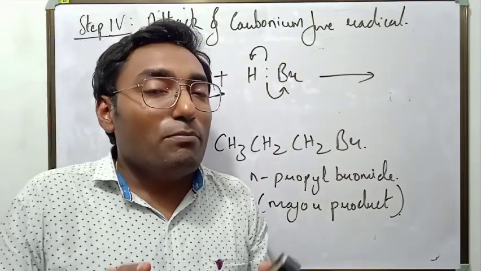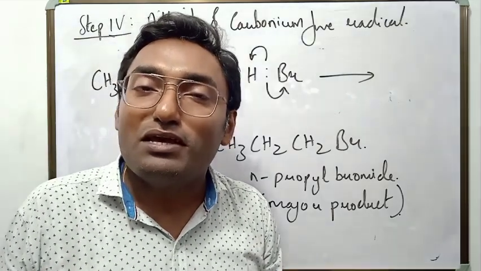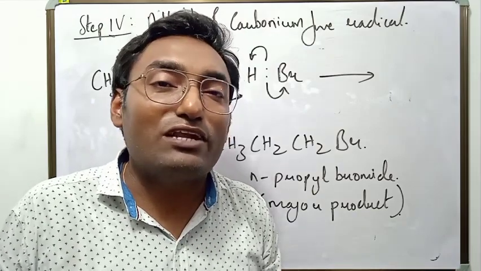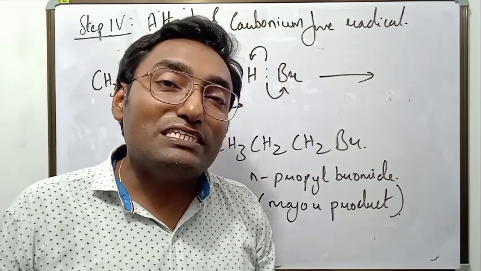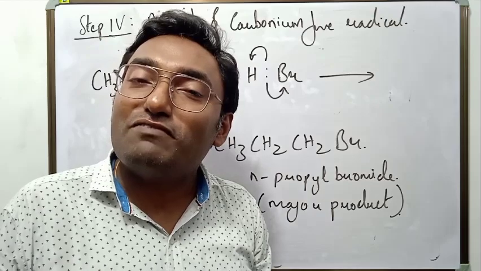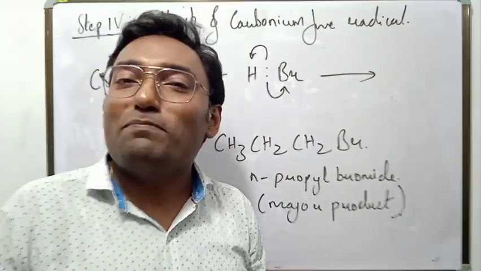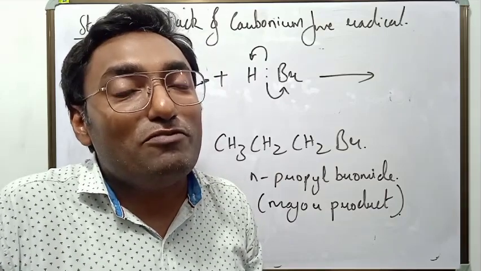Before hydrogen free radical, actually bromine free radical is formed. Bromine free radical only attacks alkene, not hydrogen free radical. And when it attacks alkene, secondary free radical is favored. Why is it favored? Because secondary free radical is more stable than primary free radical.